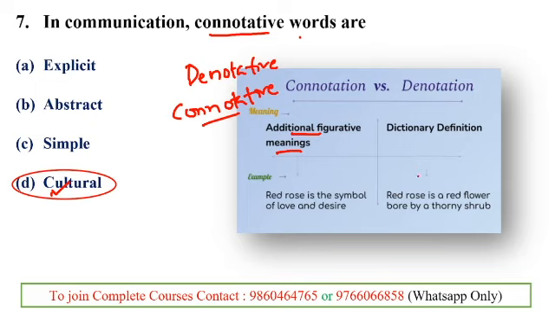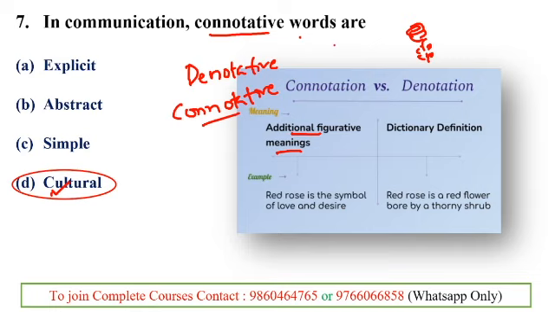And in denotation you get only the dictionary definition, like a red rose is defined as a red flower borne by a thorny shrub. So it is only a red flower with leaves and thorns. But in connotation it looks like a symbol of love and desire.